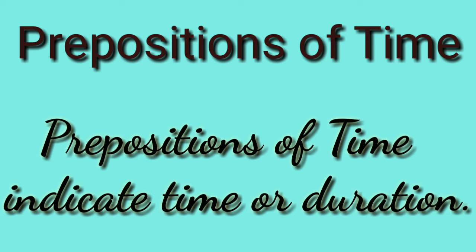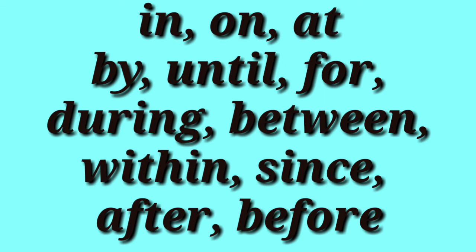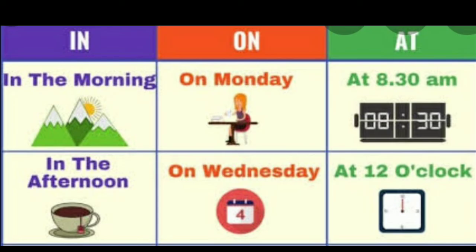Some examples of prepositions of time are in, on, at, by, until, for, during, between, within, since, after, before, etc. Here, in, on, and at. Let us see the correct use of these prepositions.